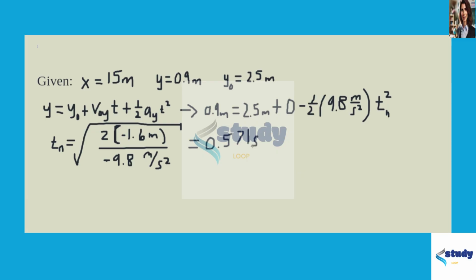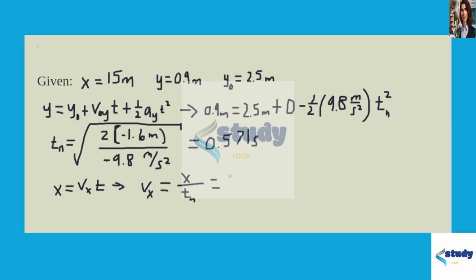To find the velocity in the x direction that's required for it to clear the net, we can make use of the distance formula, which says that distance in the x direction is equal to the velocity in the x direction times the time it travels. We want to find velocity, so the required velocity in the x direction is going to be the distance to the net, which we call x, divided by the time it takes to get to the net, t sub n.